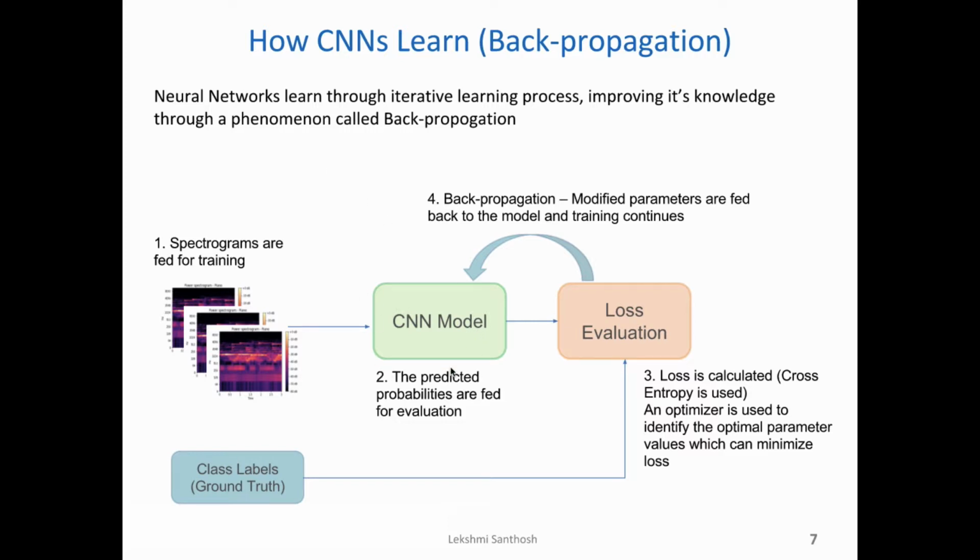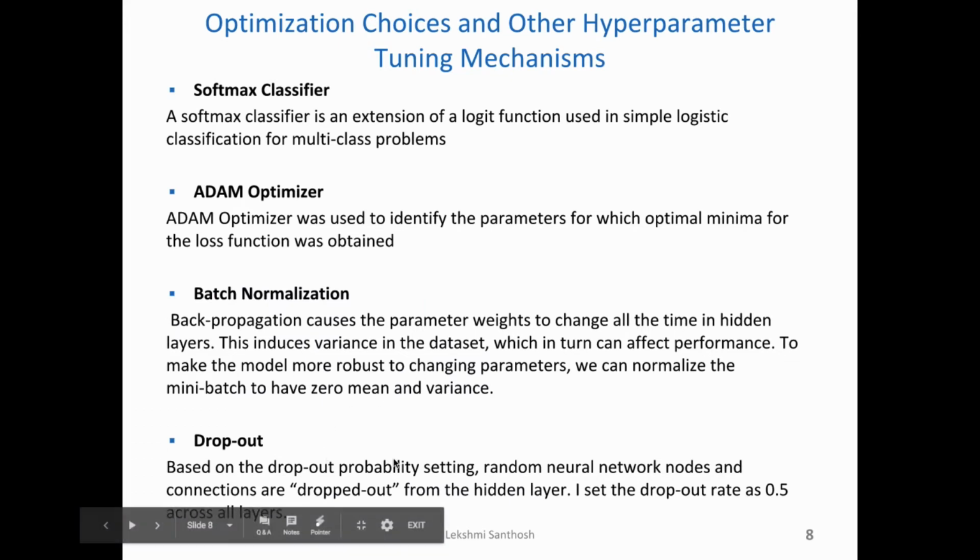And another modification, or another key parameter, was dropouts, as I've mentioned in the previous slide. In dropout, what we do is, in each of the hidden layers, a certain percentage of networks are randomly dropped or removed from learning.